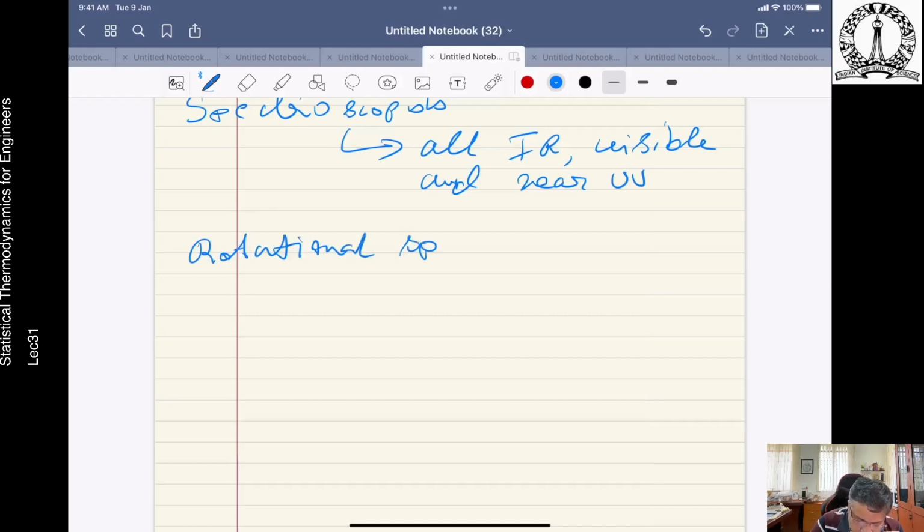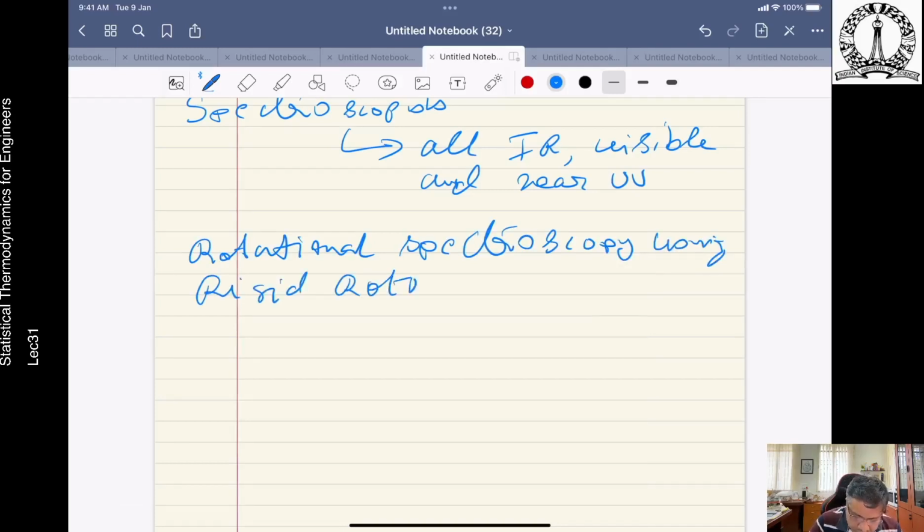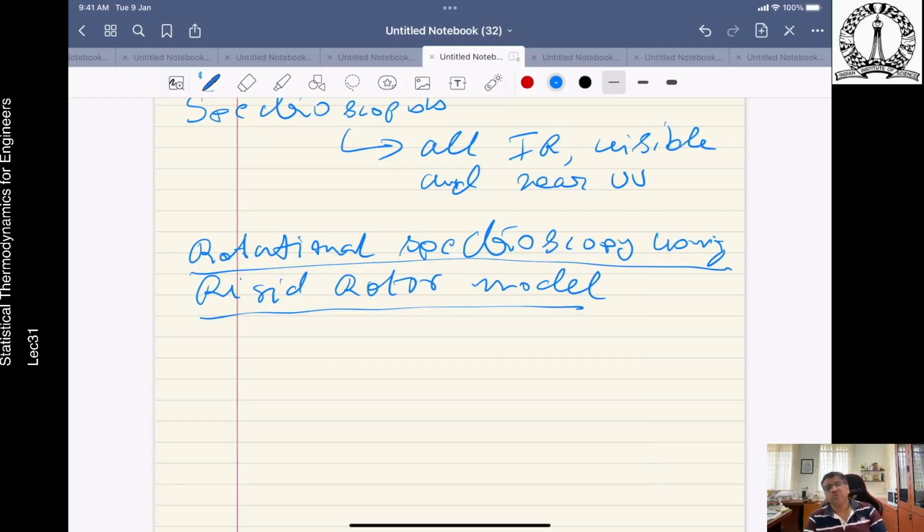Rotational spectroscopy using the rigid rotor model. Okay, so we begin by considering that the rotational energy modes undergo transposition with no influence from vibrational or electronic energy modes.